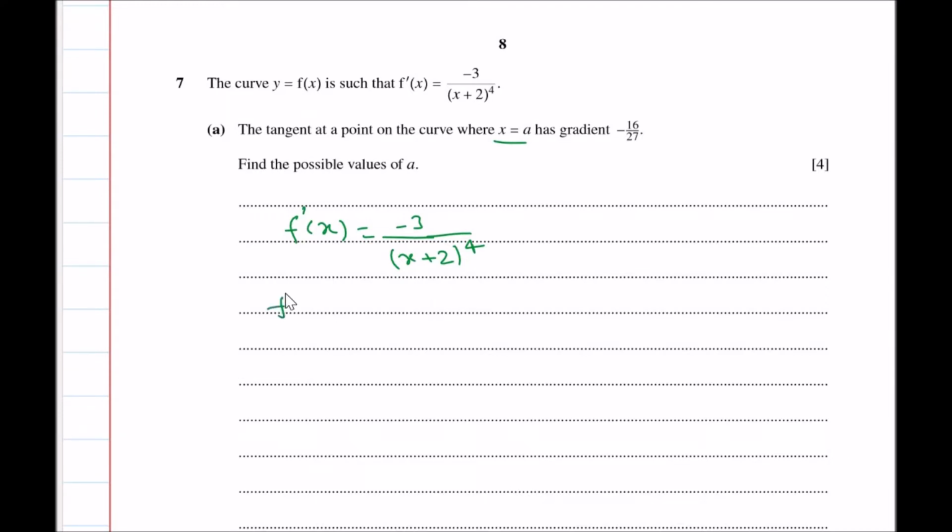So we'll find f dash a. So f dash a is given by minus 3 by (a plus 2), what I did, I replaced x with a, to the power 4 is equal to, given here, minus 16 by 27.